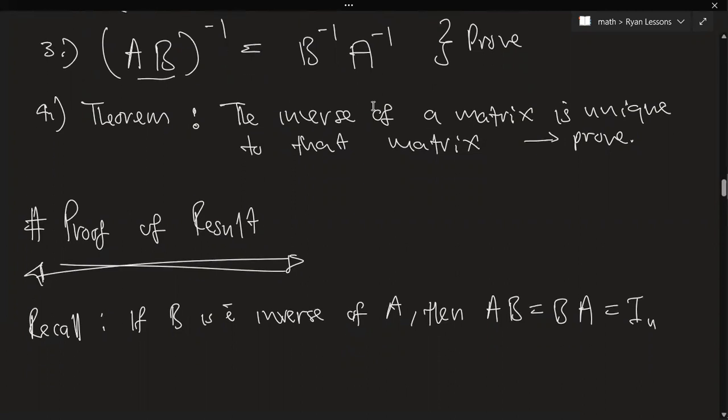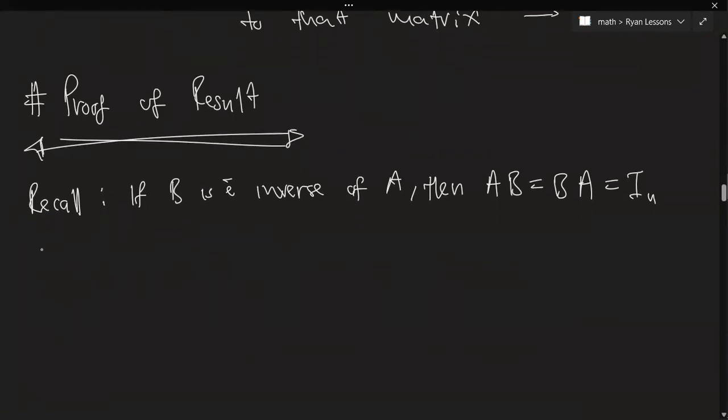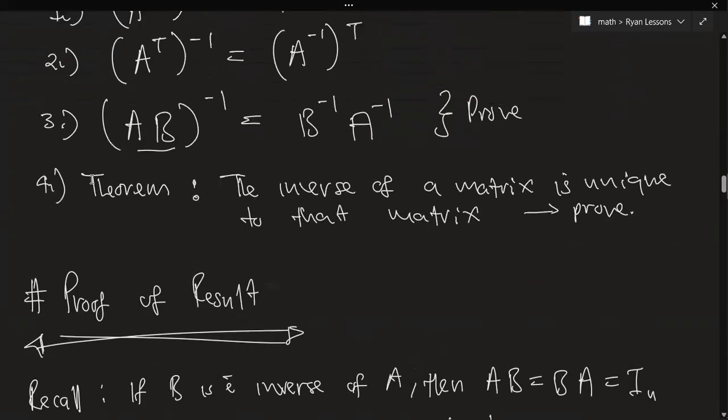So what you can simply do is say, let C be the matrix AB, and let D be the matrix B minus 1, A minus 1. You want to prove that what you have here is an inverse of this.